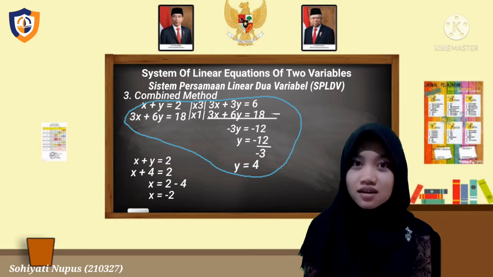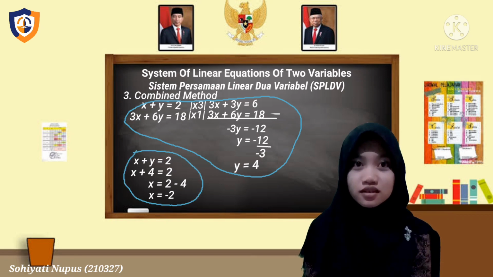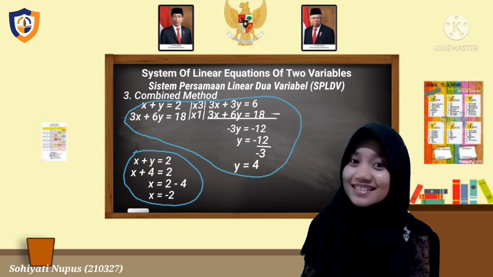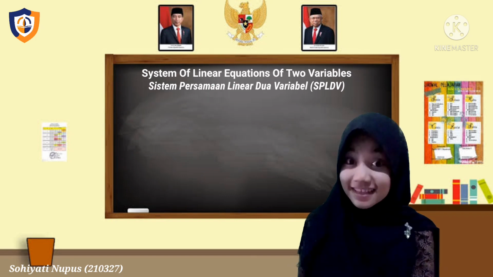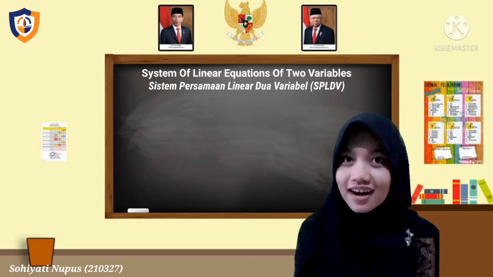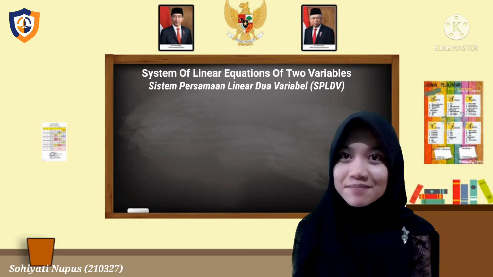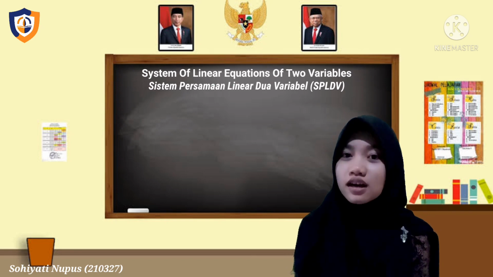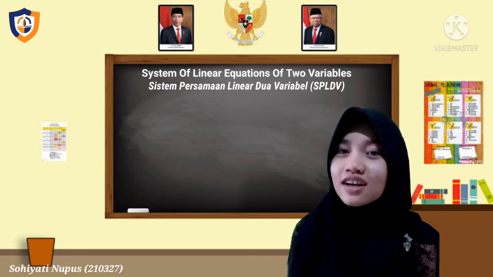After we get the result, we substitute it into the first equation, so that the result is the same as using elimination and substitution. Understand? Yes, Miss. Hope we all can understand what Miss has conveyed about systems of linear equations of two variables and how to solve them.